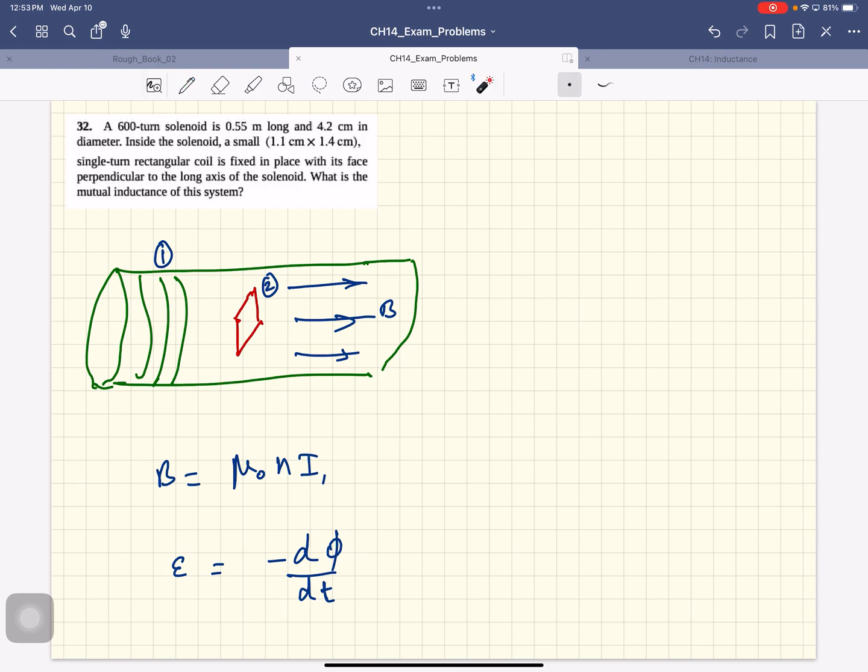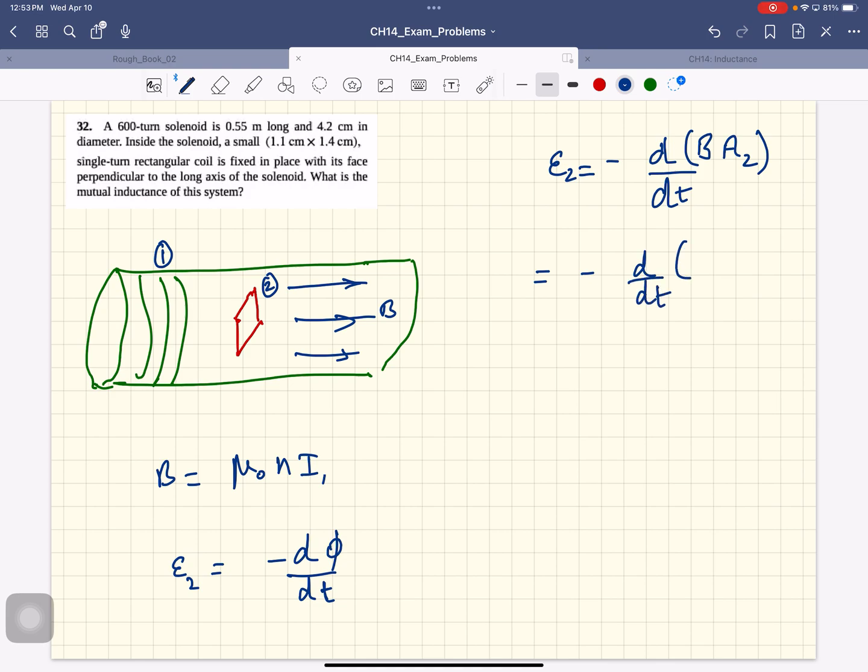So the EMF in coil 2 is minus d phi by dt, which is the magnetic field times the area of coil 2. The magnetic field is mu naught N I1, so it's minus d by dt of mu naught N I1 A2.